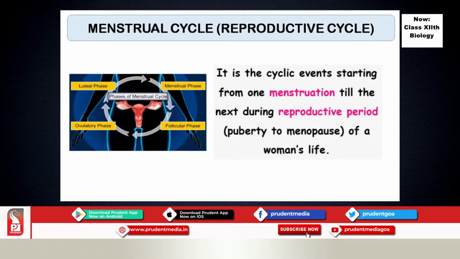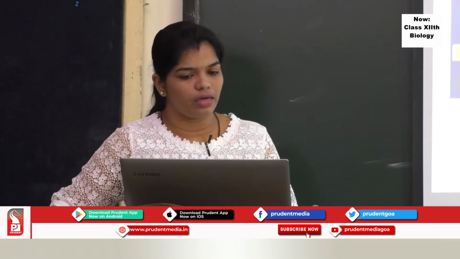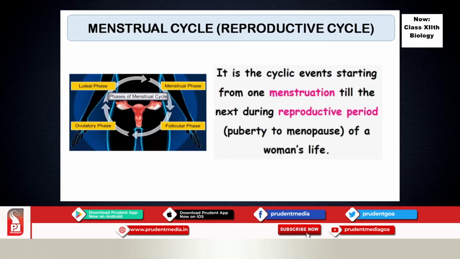It's a cyclic event starting from menstruation till the next reproductive period, and it runs from puberty till menopause. Now there are 4 phases of the menstrual cycle: the luteal phase, the menstrual phase, the follicular phase, and the ovulatory phase.